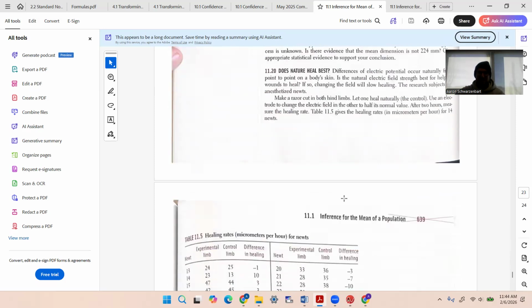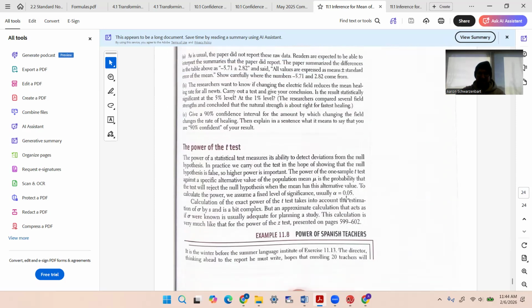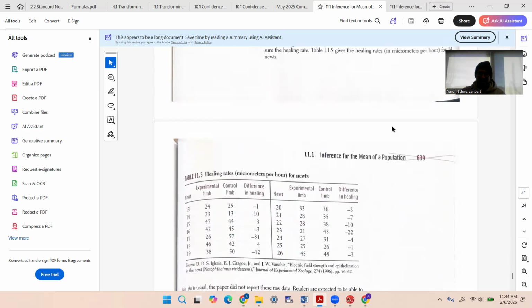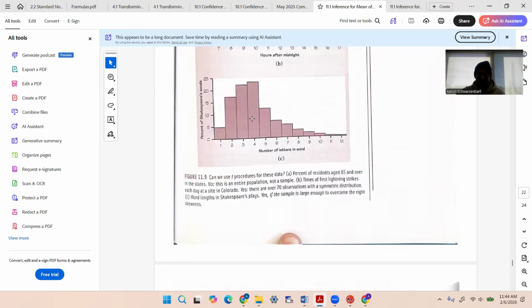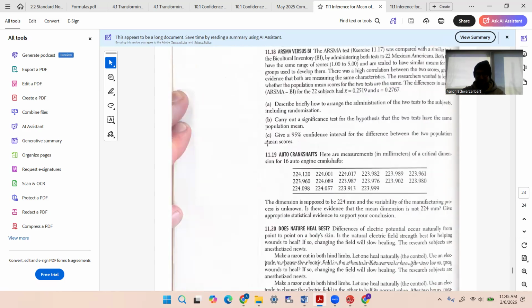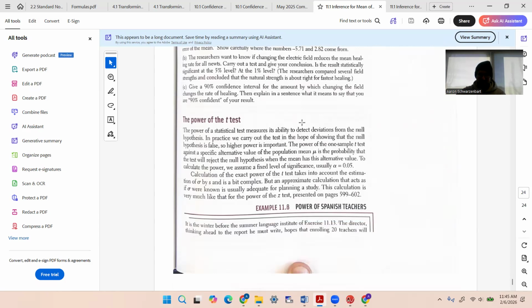So it probably should have multiple plays for this, but with Shakespeare's plays, yeah, that's kind of skewed. I would say you can do this at 30, or proceed with caution is probably a great rule. We'll be cautious if we don't know. Remember, power is 1 minus type 2 error. We talked about power in chapter 11.